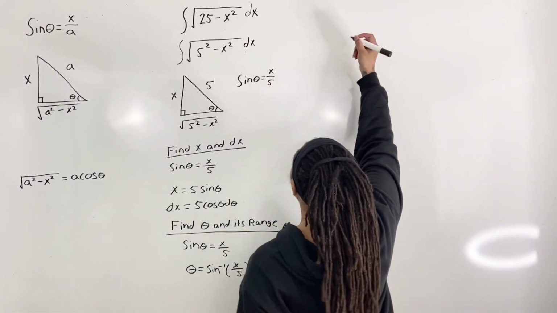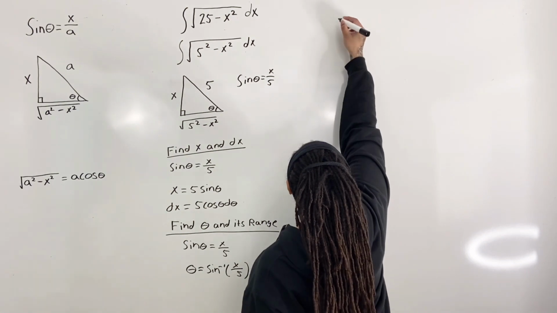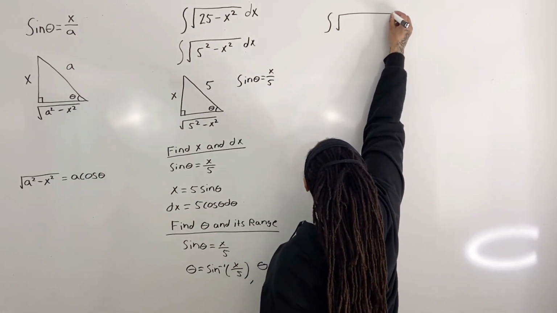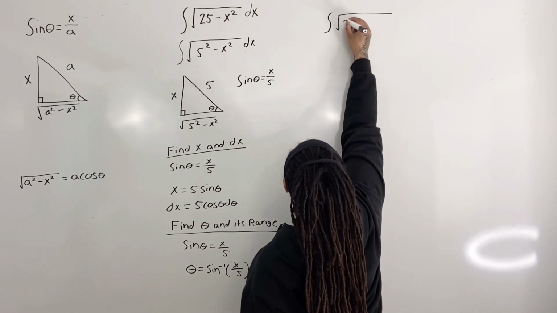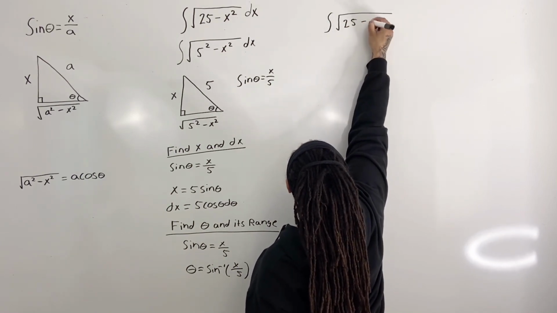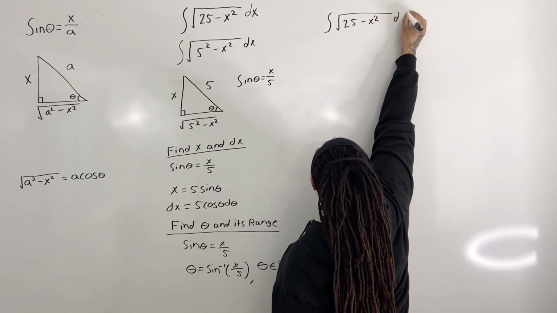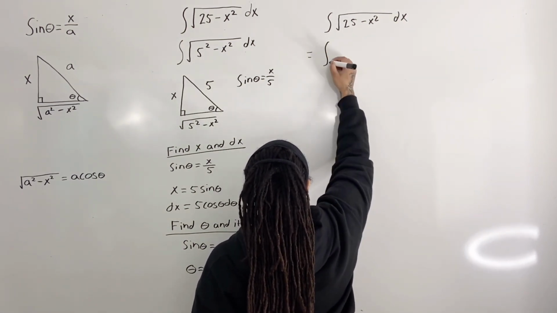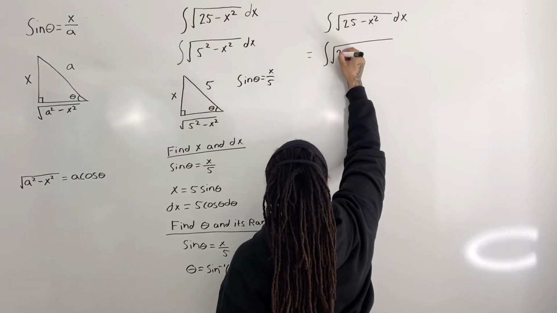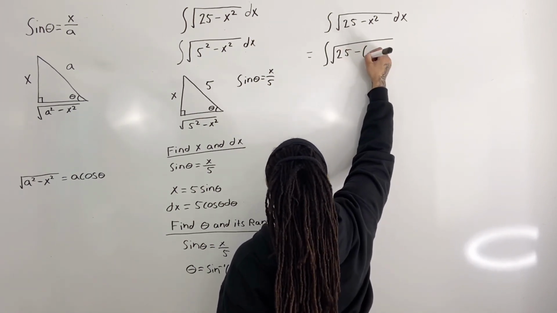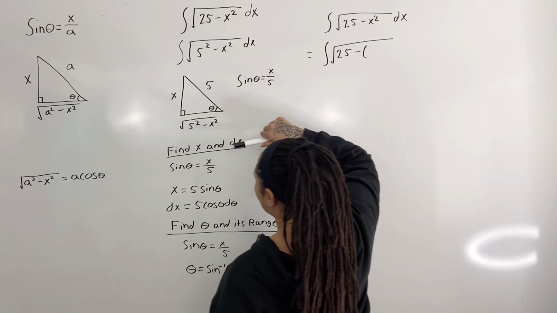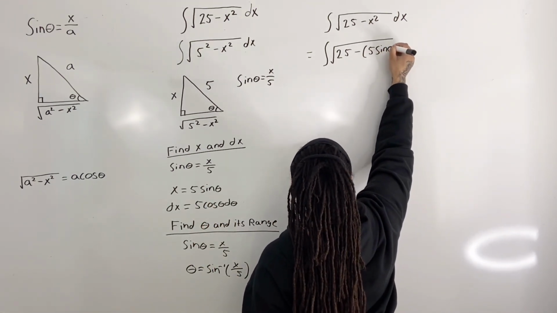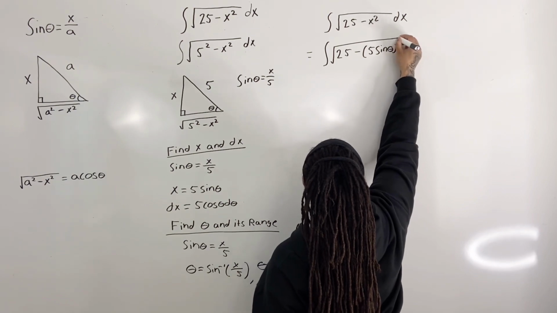So coming over here, we have the integral of the square root of 25 minus x squared dx is equal to the integral of the square root of 25 minus the value of x, which is 5 sine theta, and we square it.